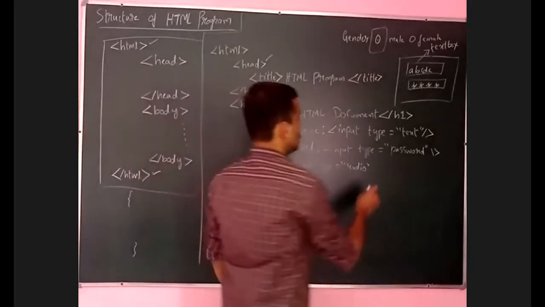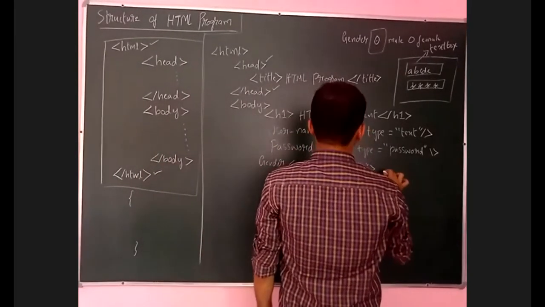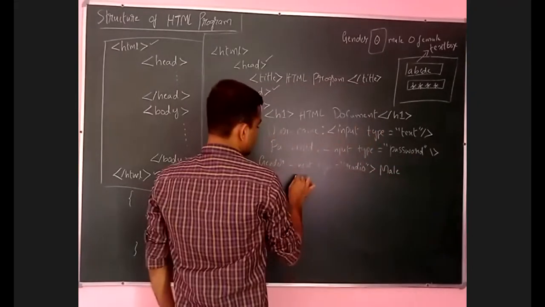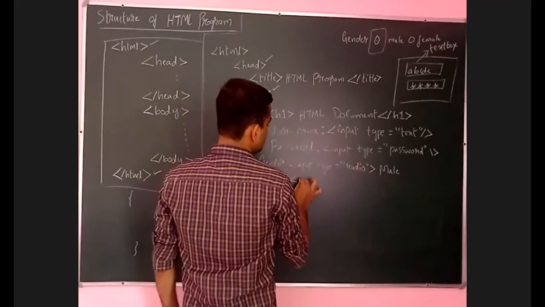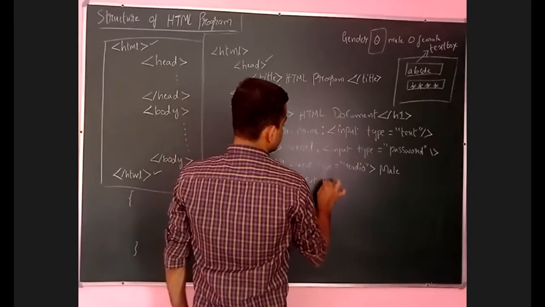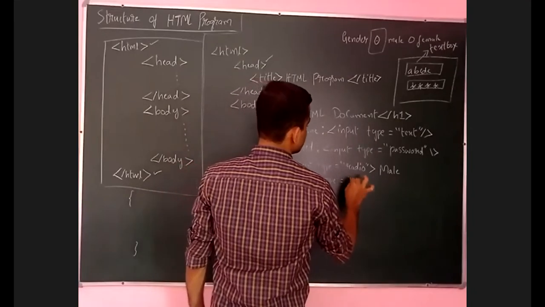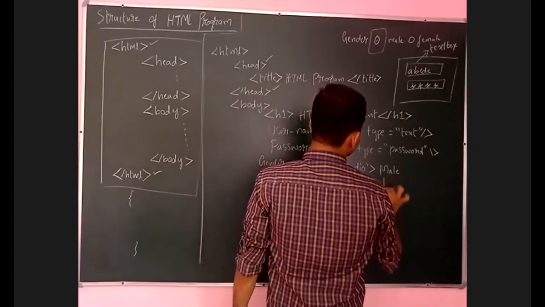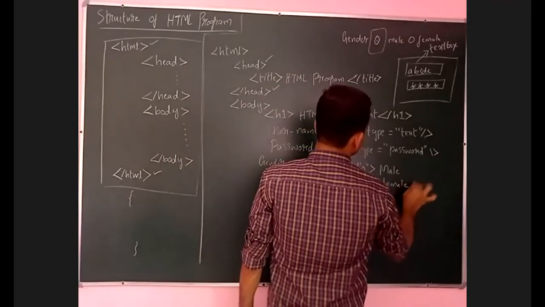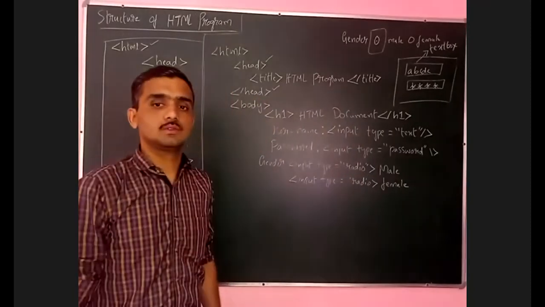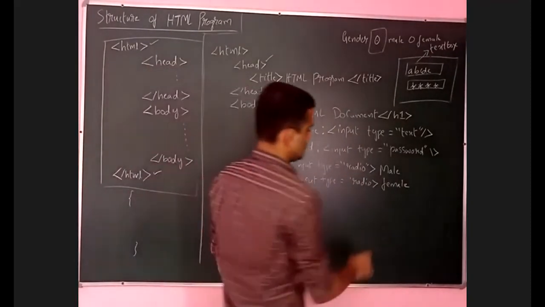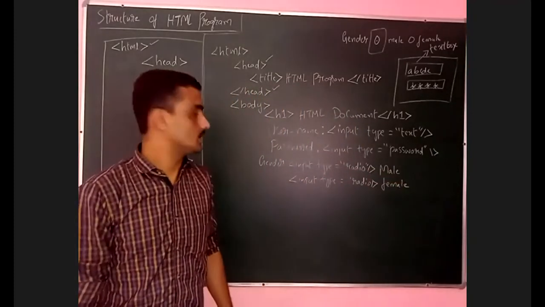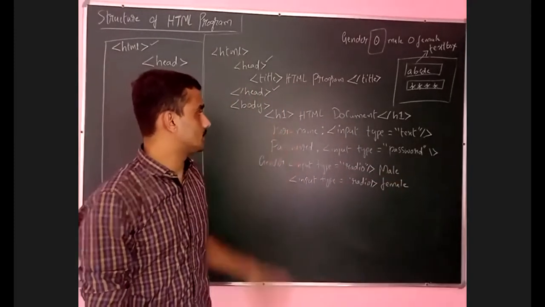We have to close here. Then you have to write the word name. Similarly, input type is equal to radio. So it remains like this. In this way it will appear.